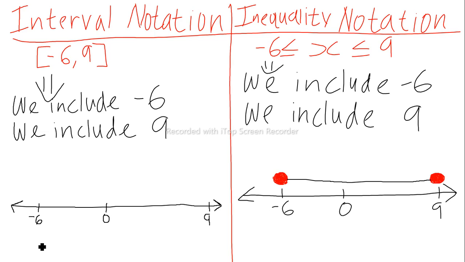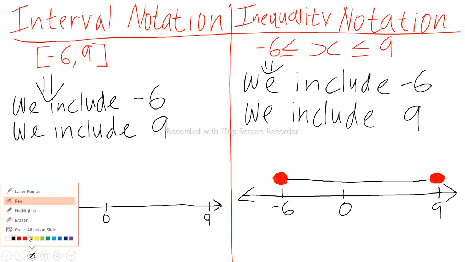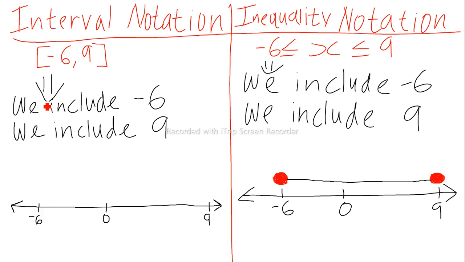What we're going to do is place a square bracket on this end, and on this end we place another square bracket, letting us know that we include -6 and we include +9.